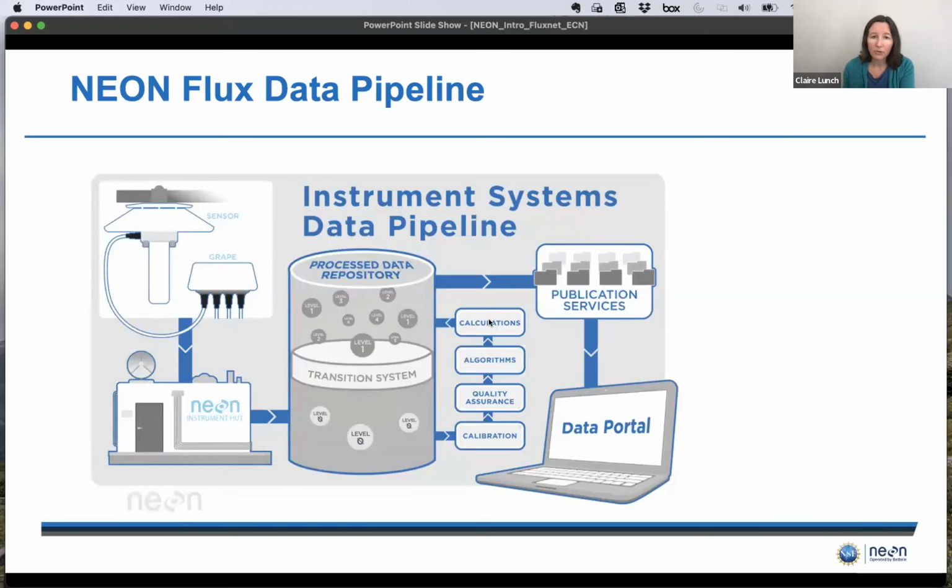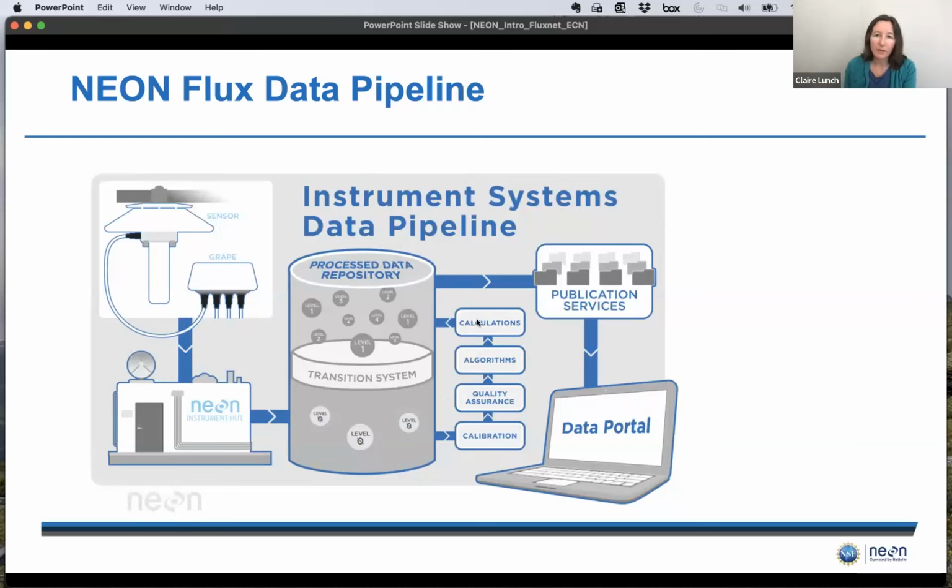There, they go through processing and end up in another portion of the database. Then there is a publication layer that packages and formats the data, and then they get published to the data portal.